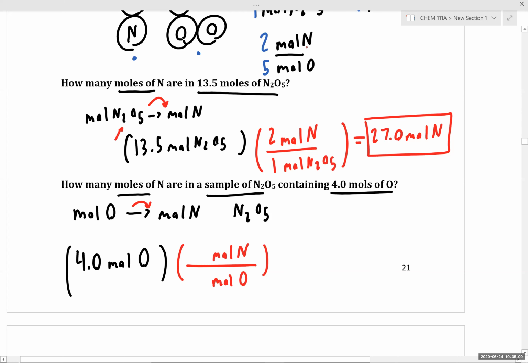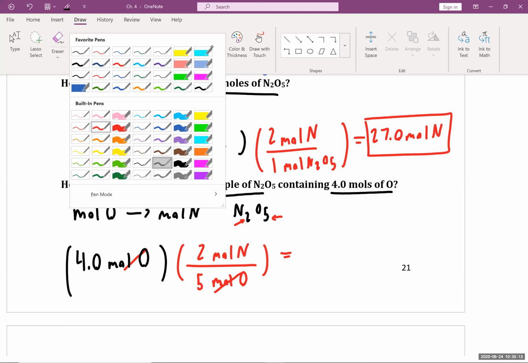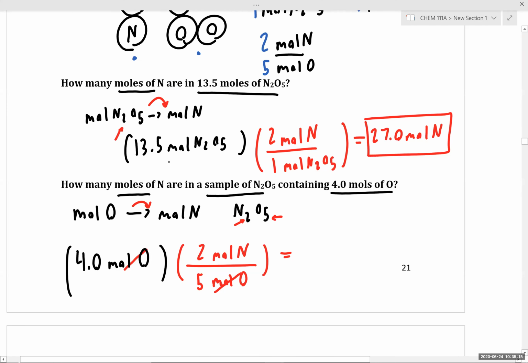And we already have that ratio. We know that there are 2 moles of nitrogen for every 5 moles of oxygen. Moles of oxygen cancel. And let's just quickly punch that into our calculator. And that in turn gives us 1.6 moles of nitrogen.